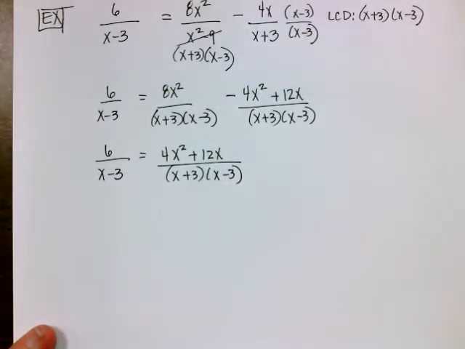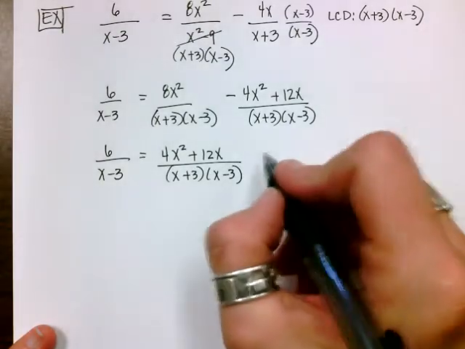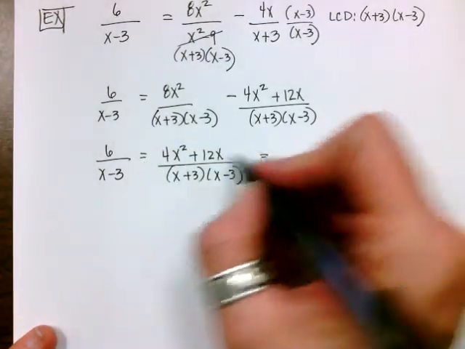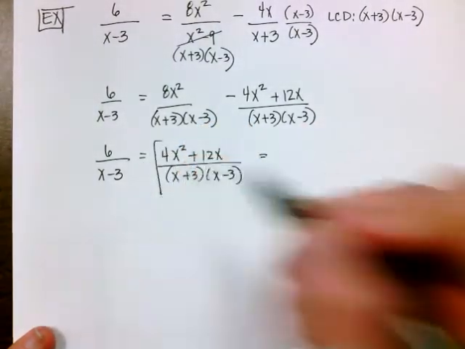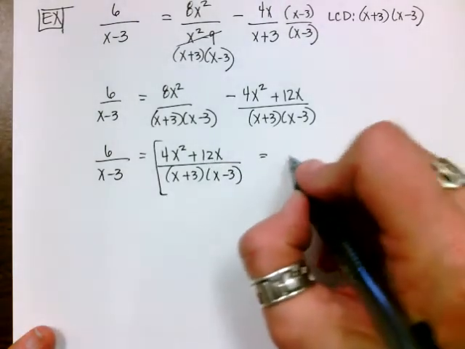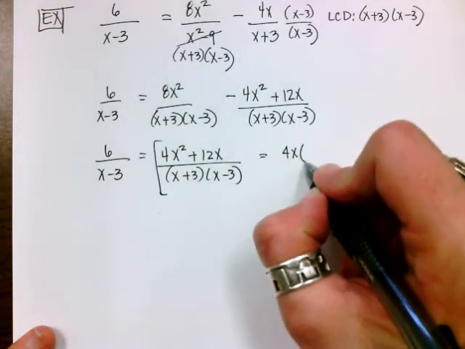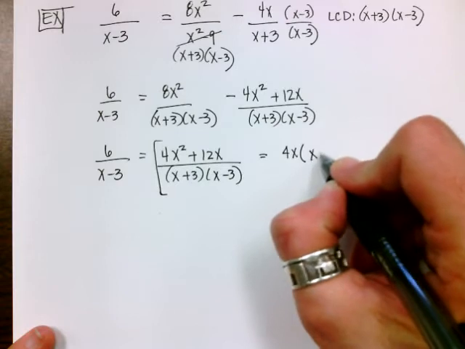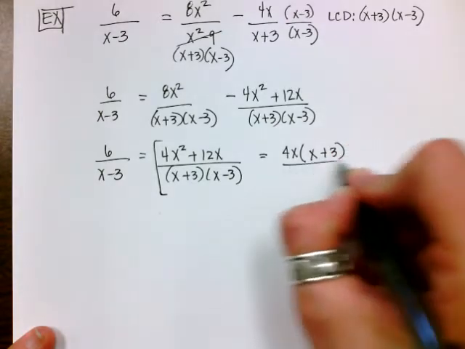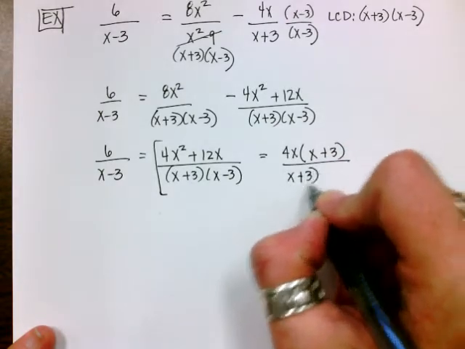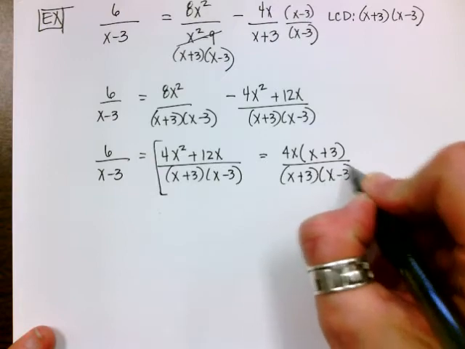So I'm actually going to reduce the top. In the top, these two, and I'm just working on the right-hand side right now, both have a 4x in common. And if I take it out, I get x plus 3, and that's over x plus 3 and x minus 3.